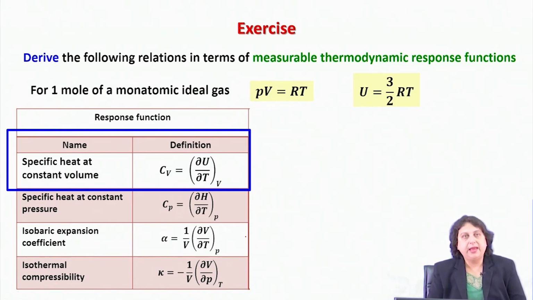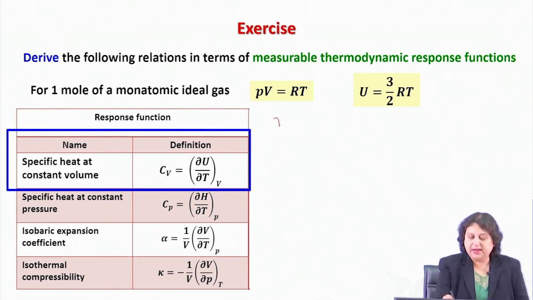Now, if I had n moles of this monatomic gas, what would be the value of U? I know that U is an extensive property. So for n moles of the ideal gas, I will have U is equal to 3/2 nRT.